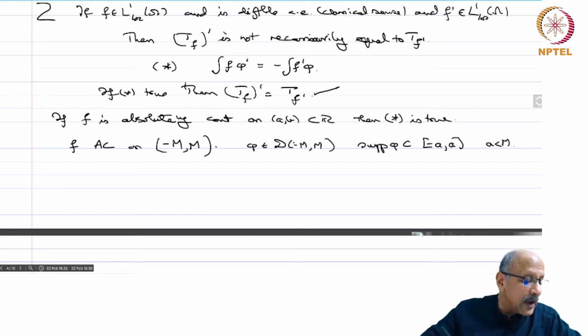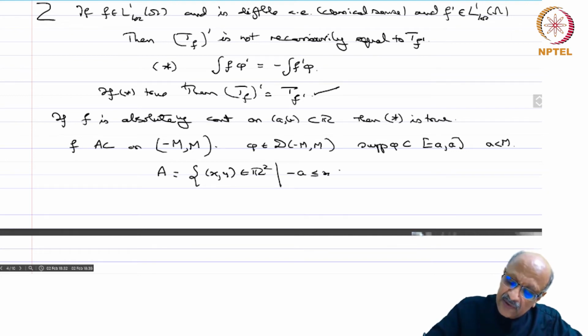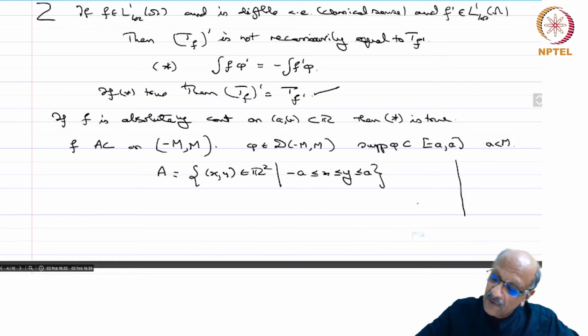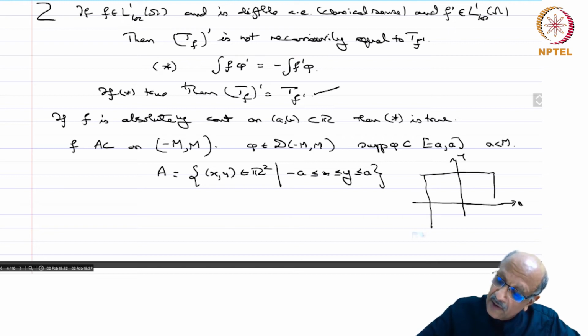So now let us look at the set capital A equals the set of all (x,y) in R^2 such that minus a less than or equal to x less than or equal to y less than or equal to a. So if we have x here and y here, this is the square minus a to a times minus a to a, and then this is the line x equals y, and we are having x less than or equal to y, which is this portion here.